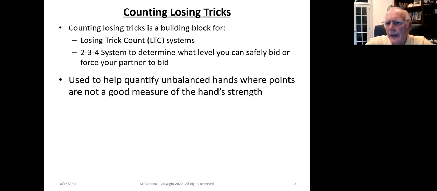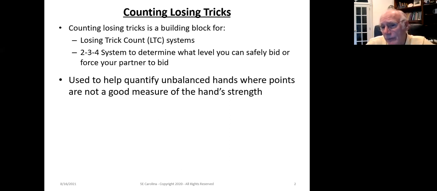It's used to help quantify unbalanced hands, where points are really not a good measure of a hand's strength. For example, if you've got 13 spades, you only have 10 points, but you've got 13 tricks. There's a gross disparity between 13 tricks and 10 high card points.